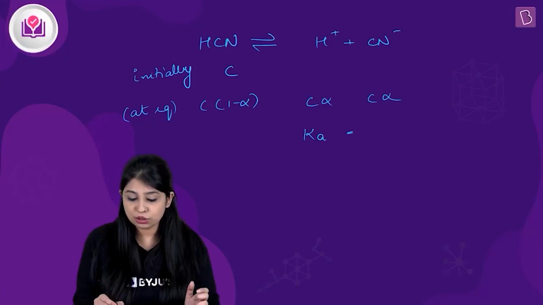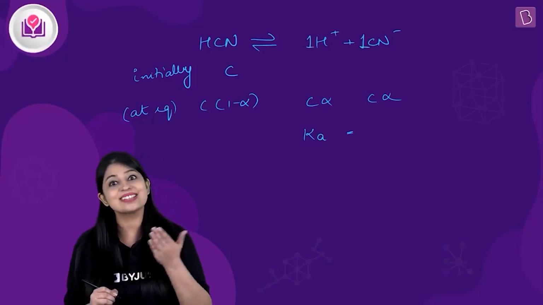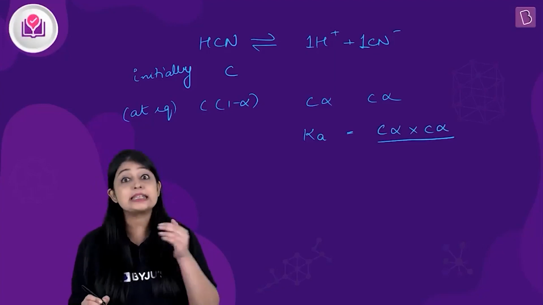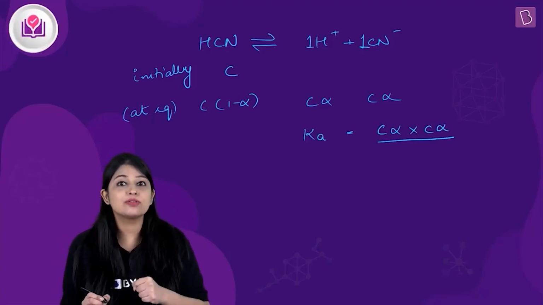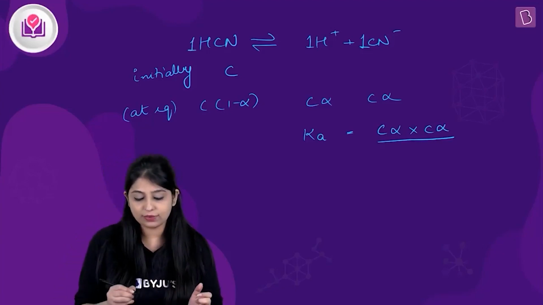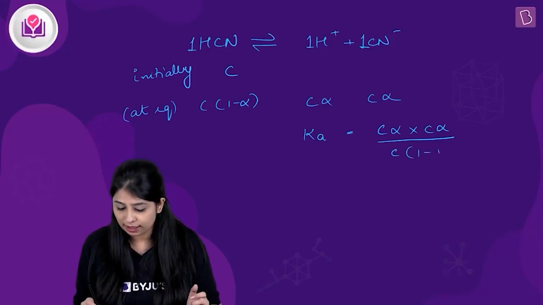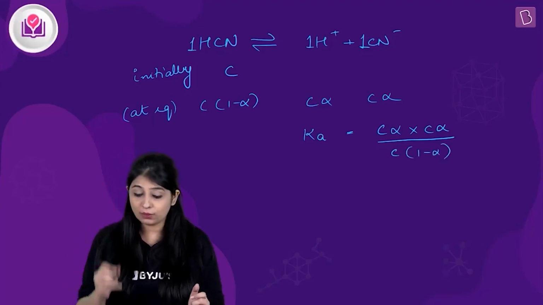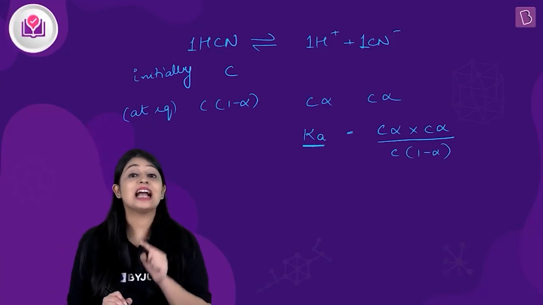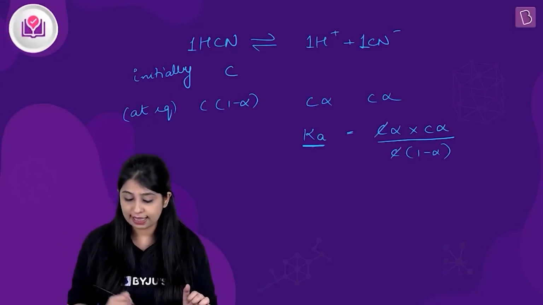Since the stoichiometric coefficient of both H plus ions and CN minus ions is 1, this will become C alpha into C alpha, divided by the product of the concentrations of the reactants raised to the power of their stoichiometric coefficients. Similarly, the stoichiometric coefficient of HCN is 1, so this will be C into 1 minus alpha. Always remember that you find this dissociation constant using the concentrations at equilibrium. That's what we have done here.